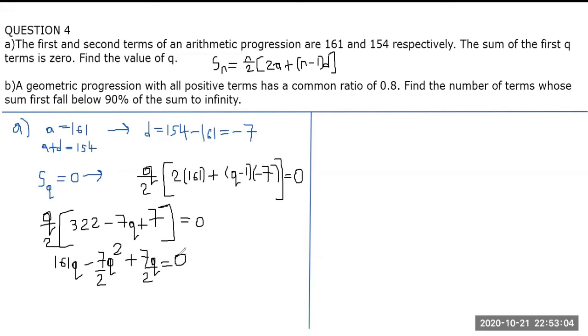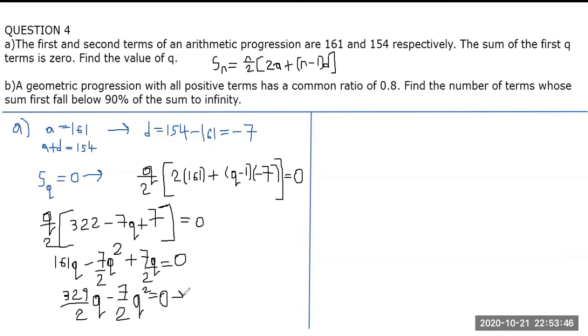I could have simplified this earlier, but my bad. Now 161 plus 7 over 2 is going to work out to be 329 over 2. So this is 329 over 2 times q minus 7 over 2 times q squared, and that's equal to 0.